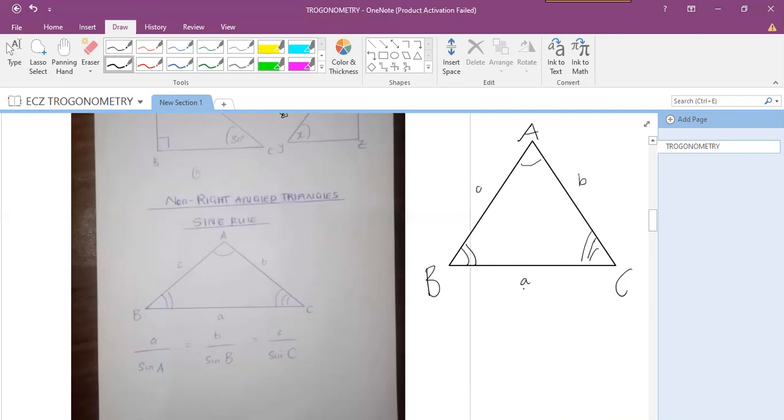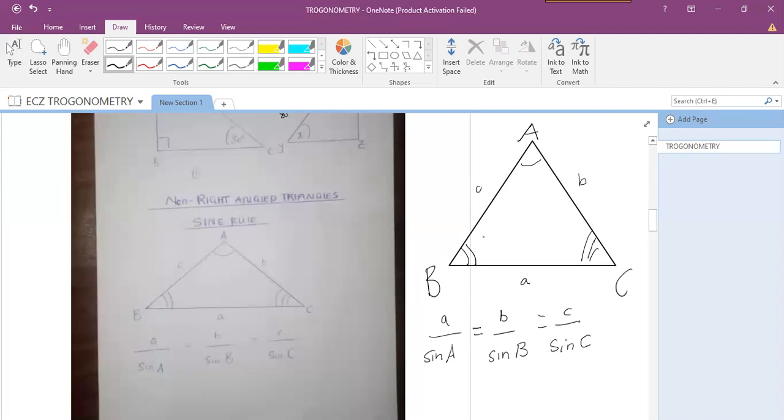So a over sine A, where it's come from, is the same as small letter b, this side, over sine B, the angle it comes from, which is equivalent to small letter c over sine C, like so. Is that hard?